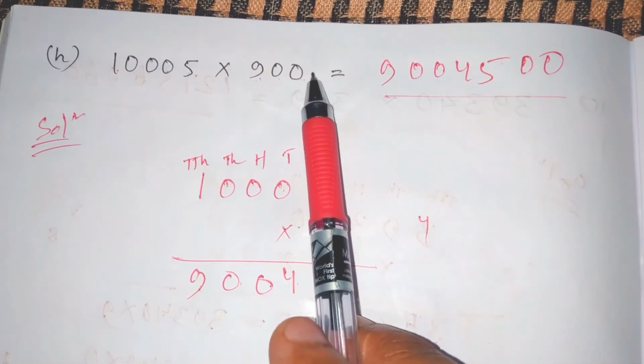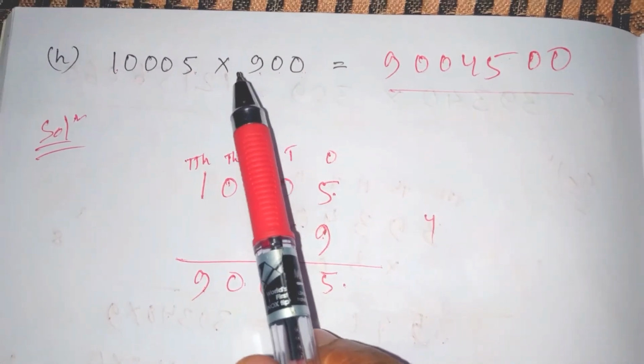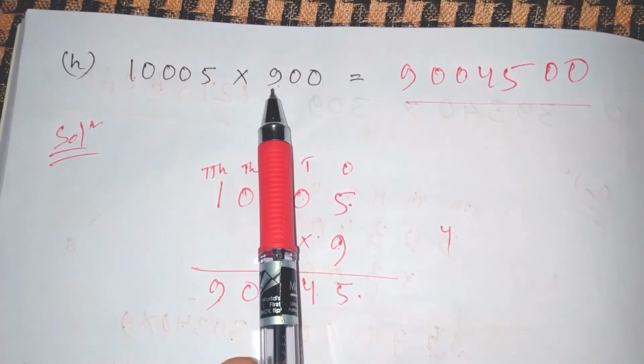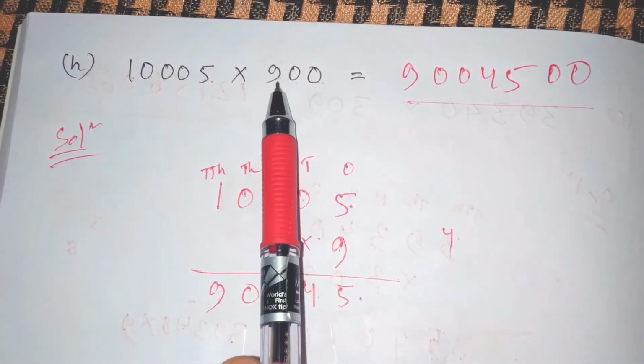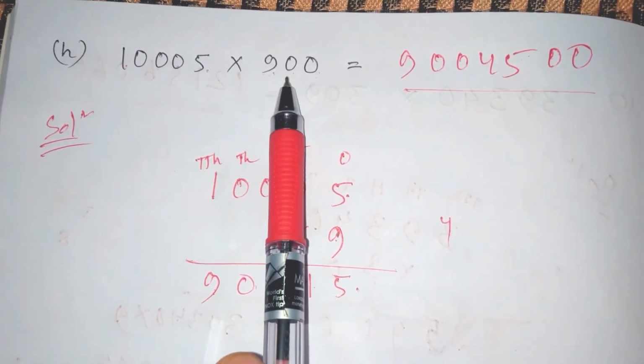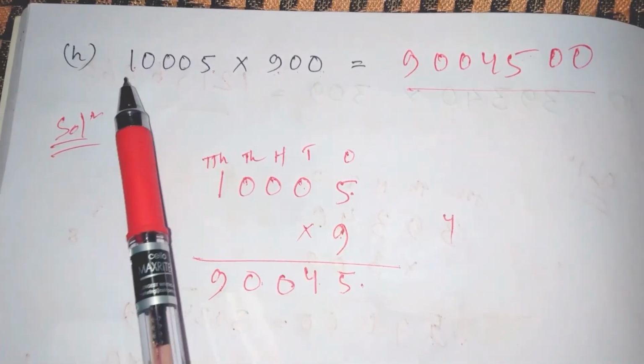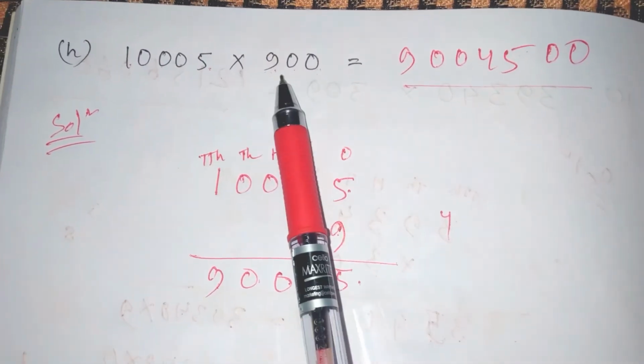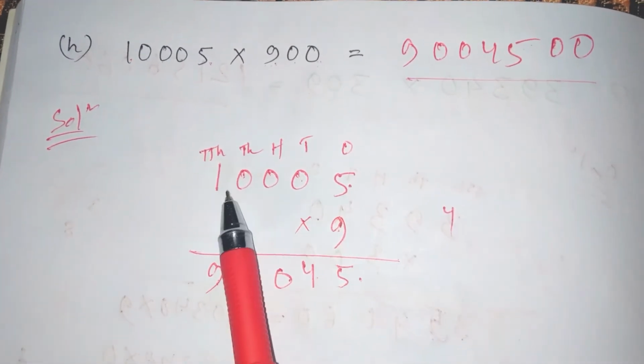Earlier, in one property, we have learned that whenever we need to multiply numbers with zeros, we just multiply the number with the first number, and we do not multiply with 0. So you have 10005 and you need to multiply with 900. This is the multiplicand and this is the multiplier, isn't it?